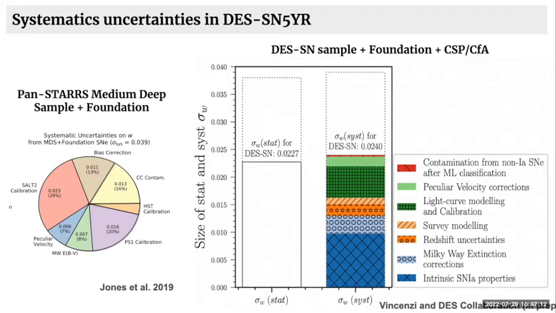And then you see light curve modeling and calibration, which is a dark greenish bit of our systematic error budget. These are the two main systematics in our analysis. Of course, the final uncertainty on W will be the sum in quadrature of the two. So that will get an uncertainty on W that is expected to be below 0.035 once we include a CMB prior.